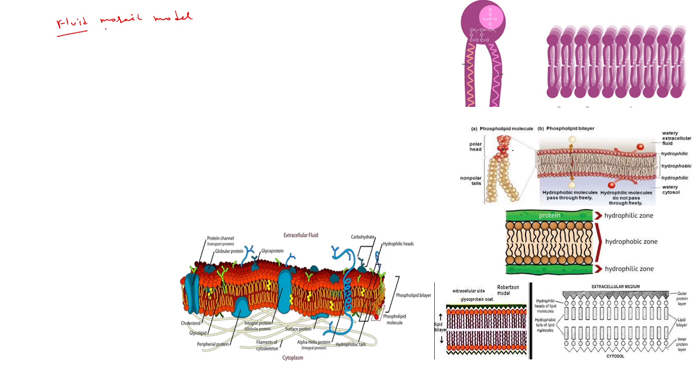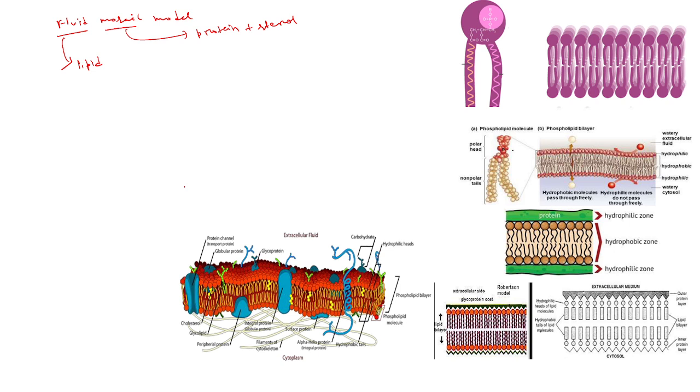One is fluid, another is mosaic. Mosaic means like tiles. The fluid is due to the lipid structure, and the mosaic is due to the protein plus sterol.